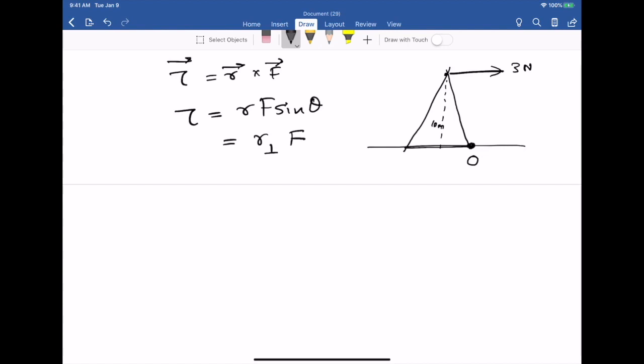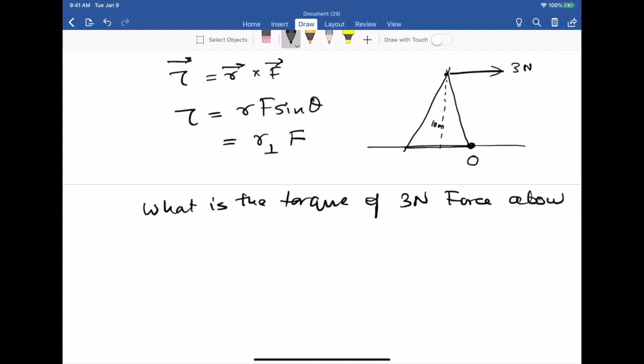If the object is fixed at O, then when you apply this force at the top, the object is going to topple over about the point O. So this 3 newton force will exert a torque about the point O. The axis of rotation is passing through the point O and is perpendicular to the plane of the paper. So the question is, what is the torque of the 3 newton force about O?